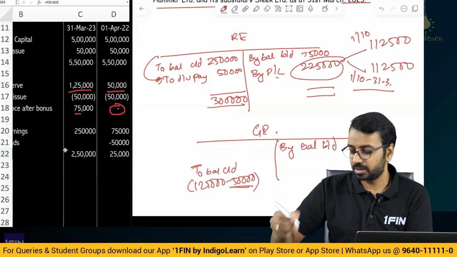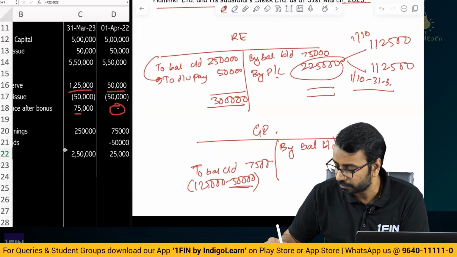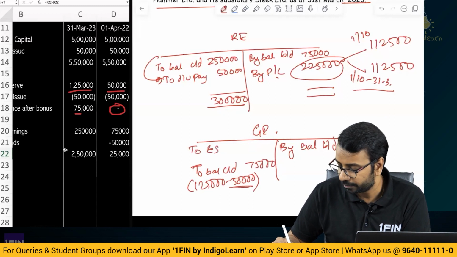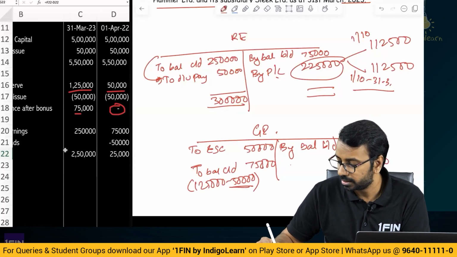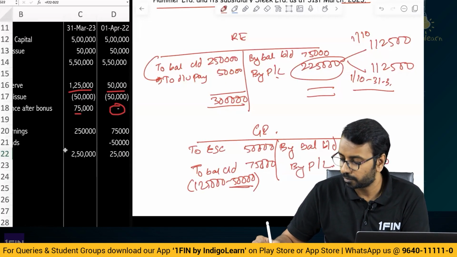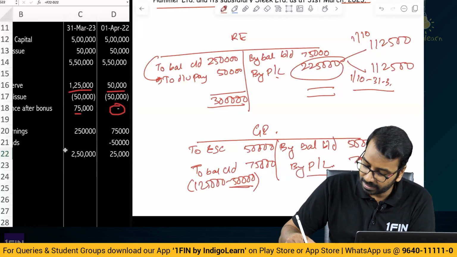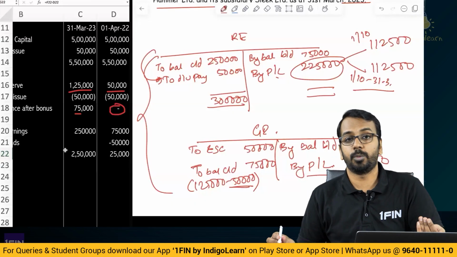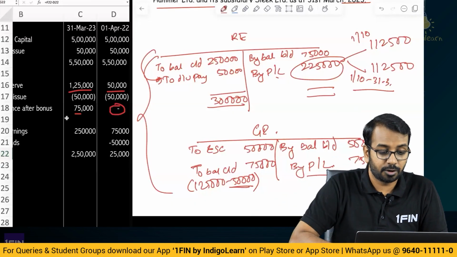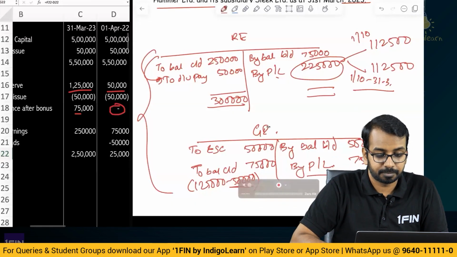So 1,25,000 minus 50, balance carried down is 75,000. To bonus issue, equity share capital 50,000. So 75 plus 50, 125 minus 50, 75,000. This is the amount that you have transferred from the P&L during the year. So by preparing a ledger like this also, you can arrive at the balance as on 1st of October. Okay. So that is just for your better understanding.